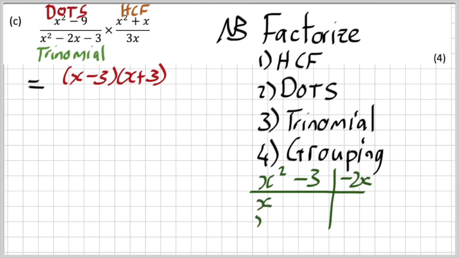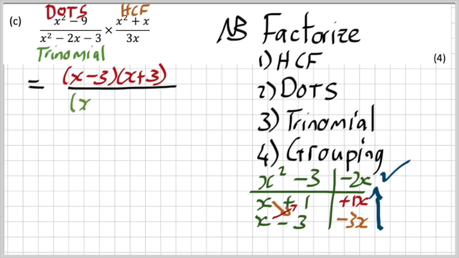So x times x gives me x squared. A positive times a negative gives me a negative. For 3, I only have 3 and 1, so maybe let's go 1 multiplied by 3. Cross multiplication gives me negative 3x plus 1x. If I add them up, does it give me negative 2x?